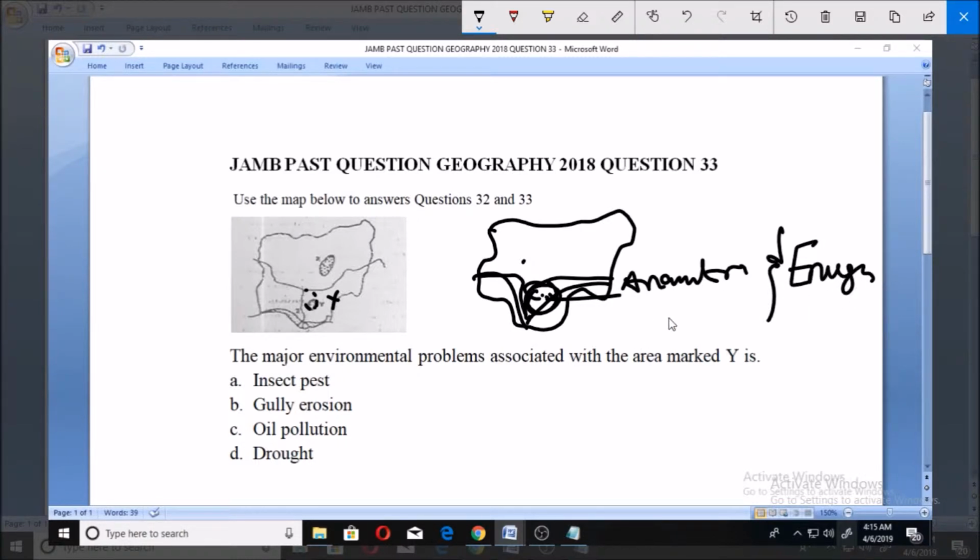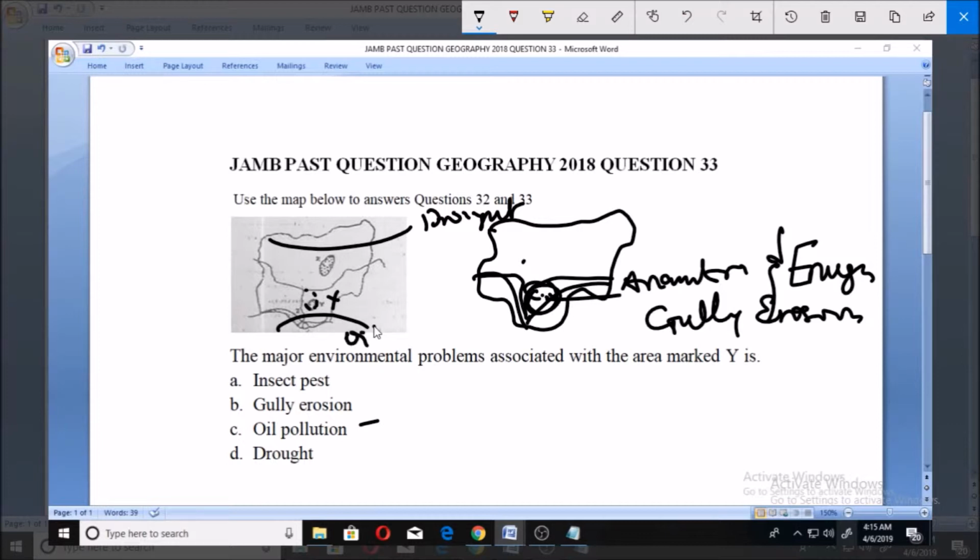We know that the major problem in Anambra and Enugu is gully erosion. If we had picked around here, it would have been oil production. Up here, drought. North is drought. Down south is oil production in the River State area. You understand? So this area marked Y, Anambra and Enugu, is normally gully erosion.